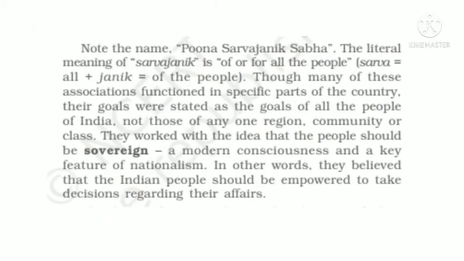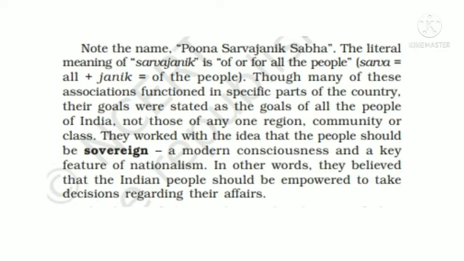Pune Sarvajanik Sabha means for all the people or of the people. These associations functioned in specific parts of the country. Their goals were stated as the goals of all the people of India. They worked with the idea that the people should be sovereign.